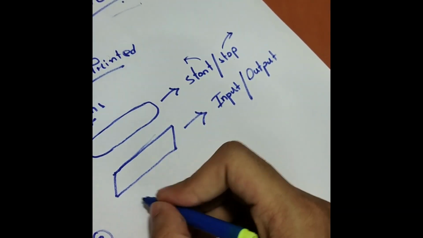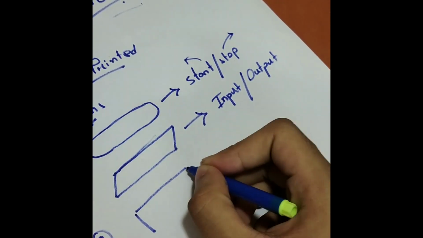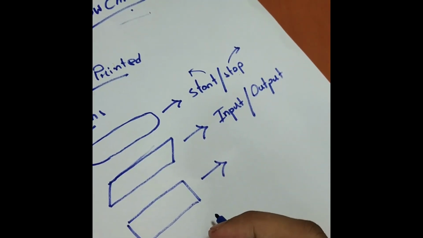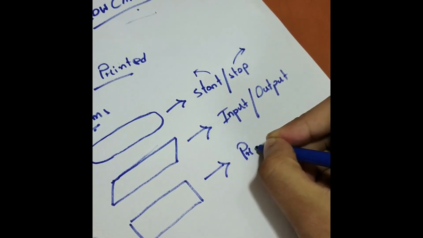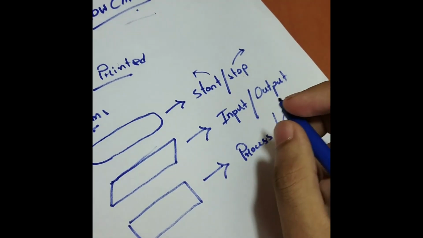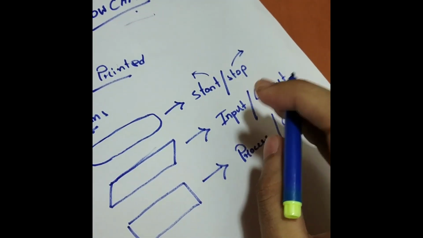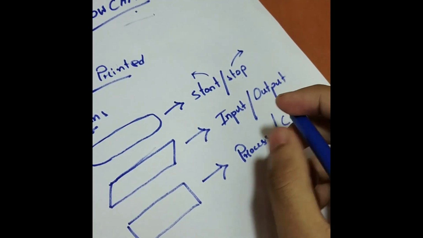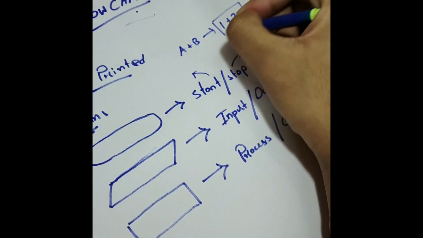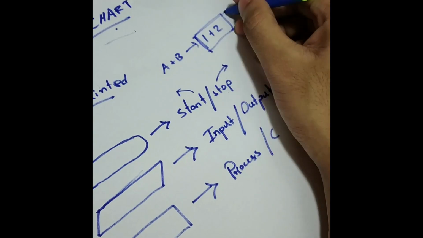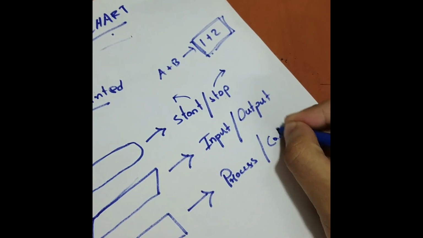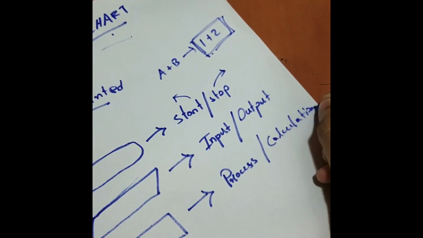Number 3 is this one. That's a rectangle. It is the process box. It will do calculations. Like, if I want my computer to do the sum of two numbers, then when the computer performs a plus b, or let me say 1 plus 2, this addition will be done inside this rectangle box, or process box as we say. Calculation, right?